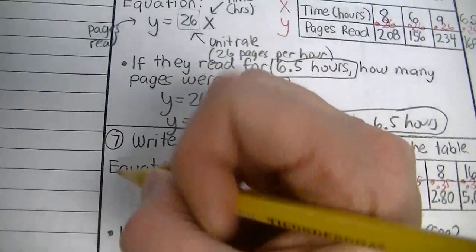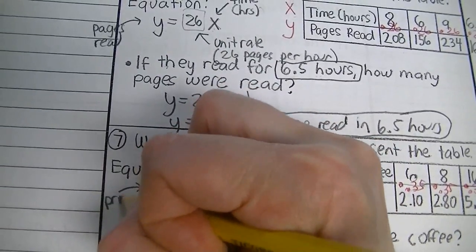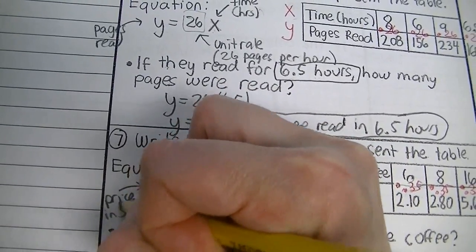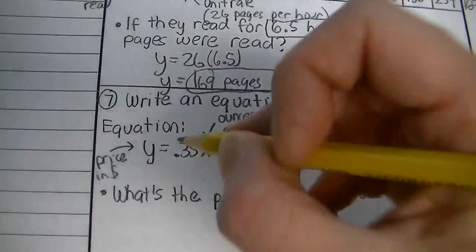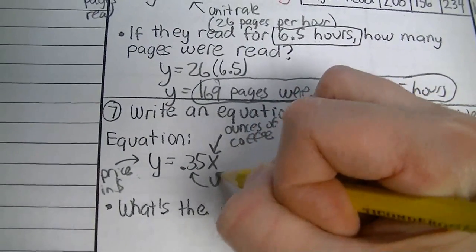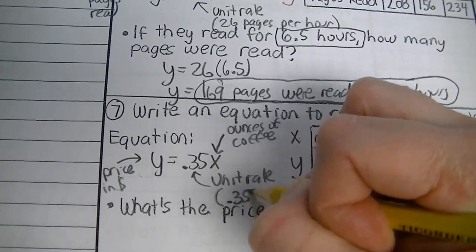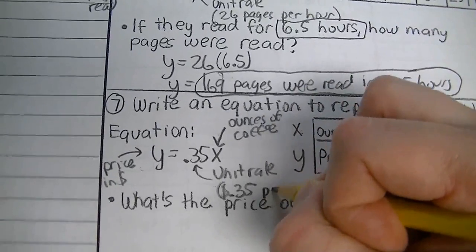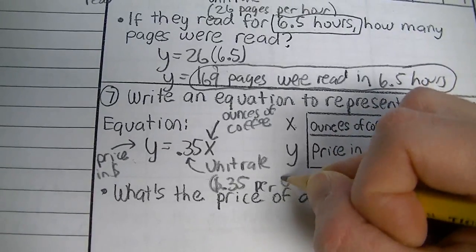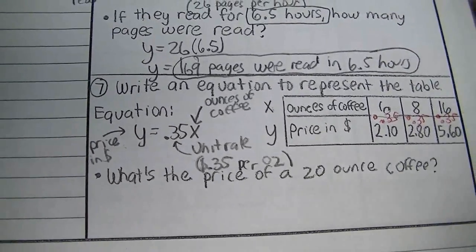Y, the dependent variable, is the price in dollars. That's a dollar sign. And that 35 cents is the unit rate. And that would be 35 cents per ounce. Okay, costs 35 cents per ounce.